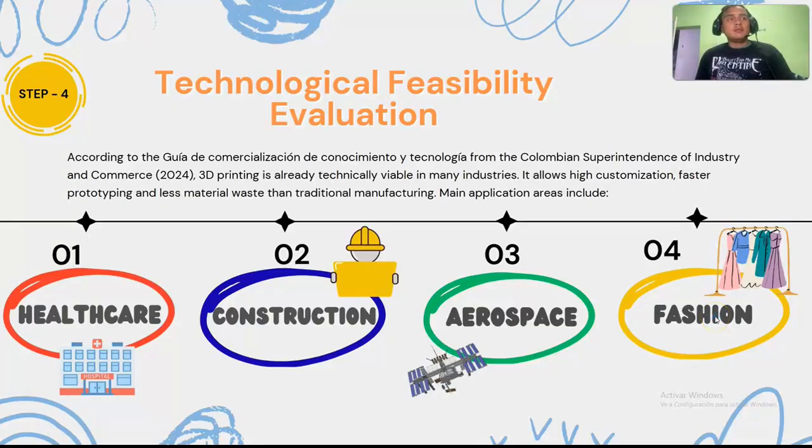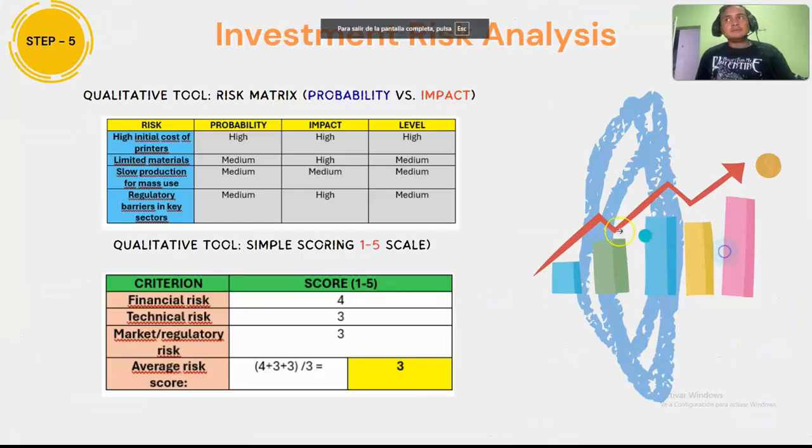Ready, we'll go to the next page, and on this occasion we have step 5, investment risk analysis and the qualitative tool risk matrix, probability versus impact.